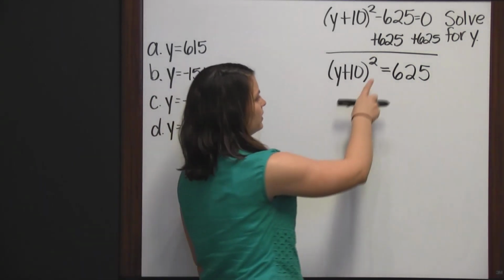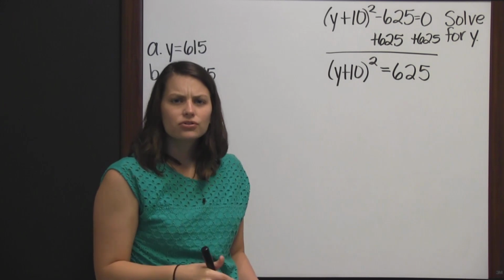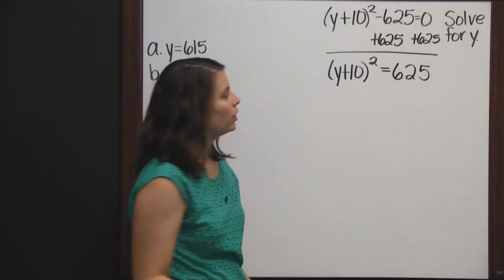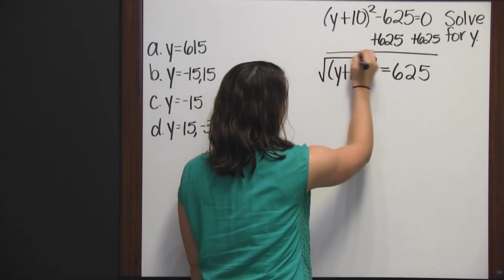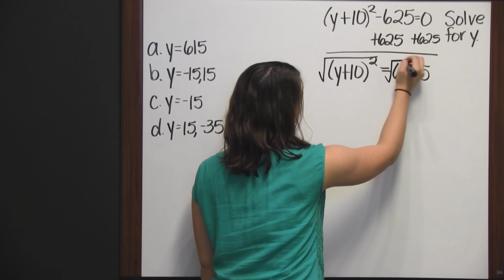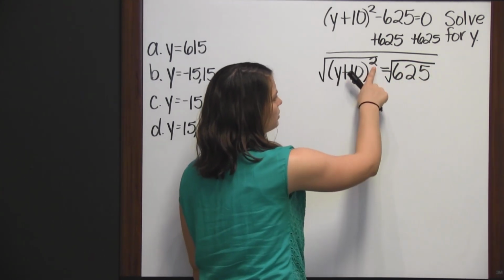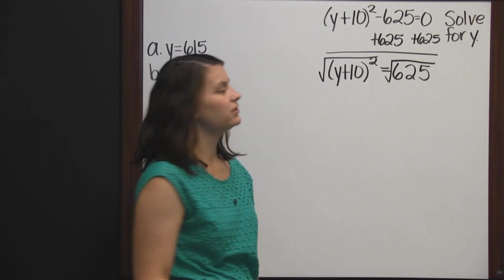Well, then we want to get rid of this squared because our y is kind of locked in those parentheses. So to unlock it, we want to do the opposite of squaring, which is square rooting. So we square root both sides. And the square root and the square undo each other. They're the exact opposites of each other.